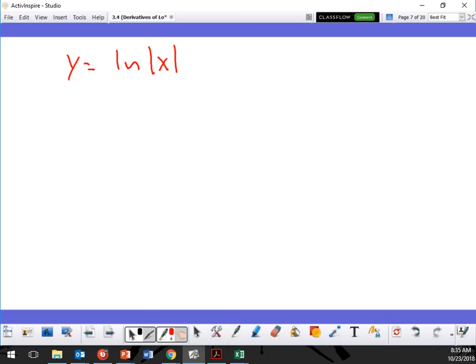Because if I'm looking at this, what's the derivative of ln x? 1 over x. Am I allowed to have 0? No. The derivative would be undefined, so I cannot take a derivative at that point. That's what I'm trying to get to. So I am allowed to have a derivative at all points except for 0, because 0 would be one of my critical numbers here.